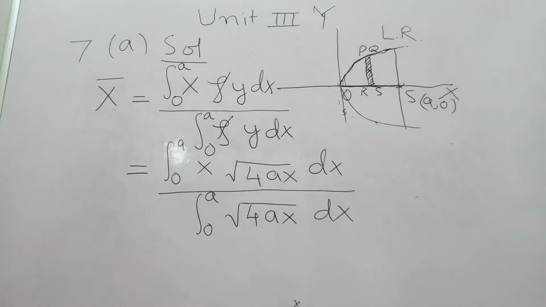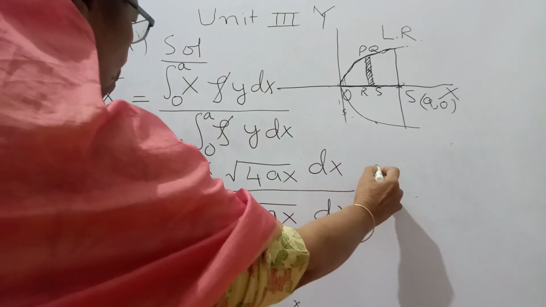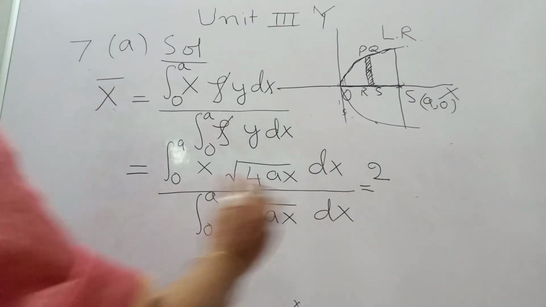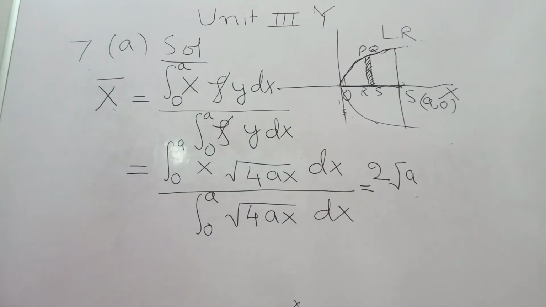This type of integral you can do very easily, so it will become 2 under root a. Okay, that is the constant you can take out.